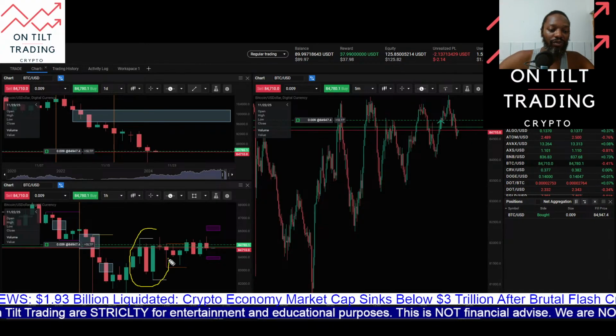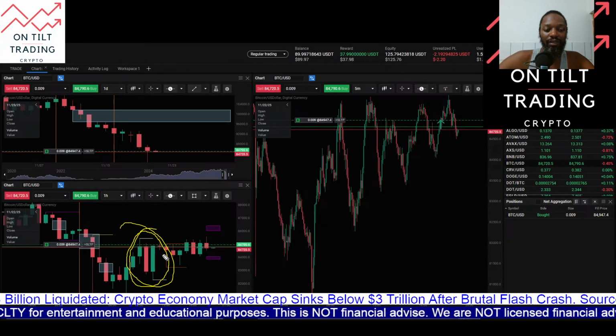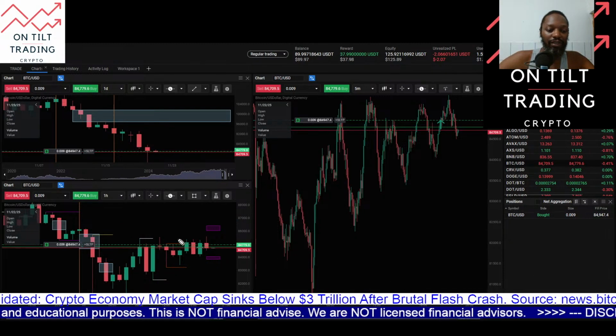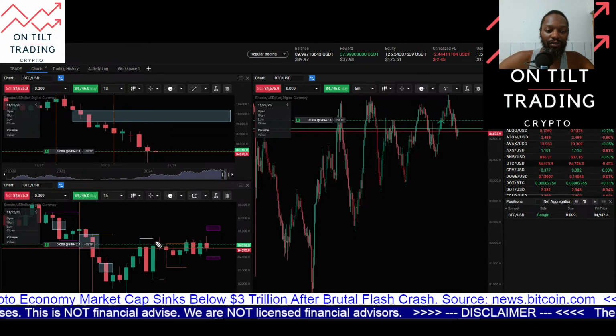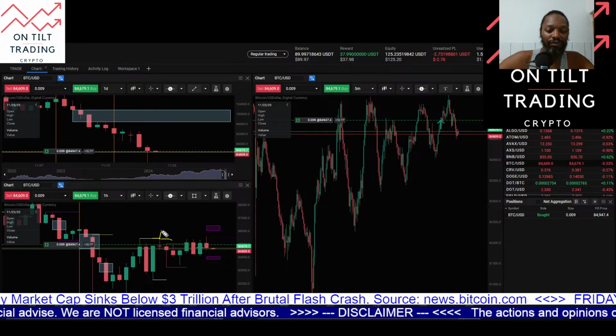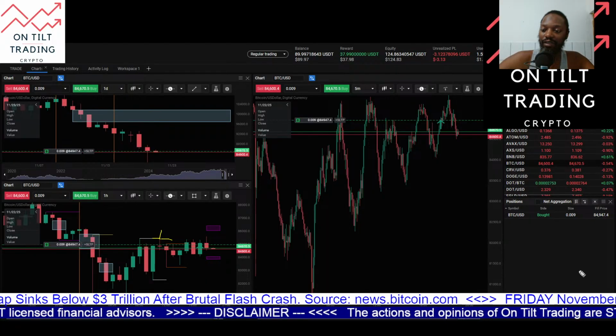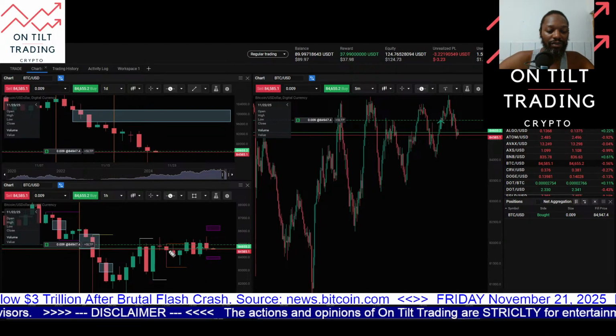Then we have the New York PM session right here. Following the New York PM session, we get this price action right here. We get this wick above the New York AM session.